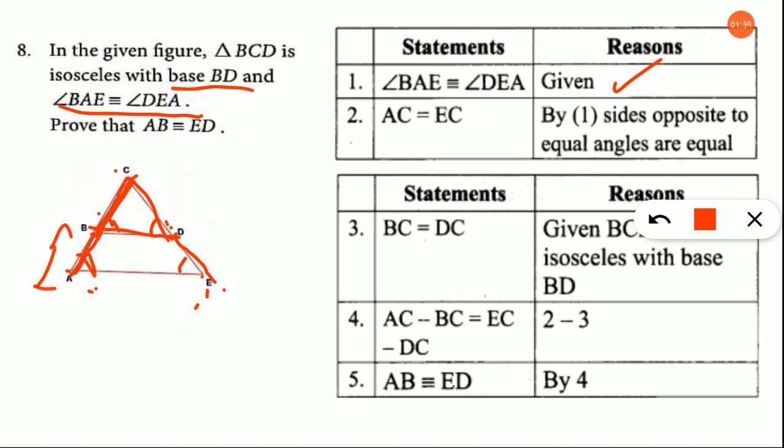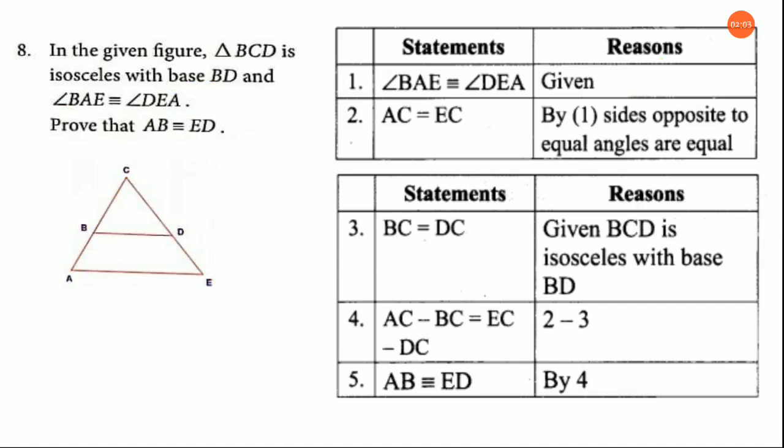Same way EC minus this CD will give us this ED line. Okay, and then we are going to prove that AB is equal to, that is congruent to ED by equation 4. Using this step only you are going to say these two lines are congruent to each other.